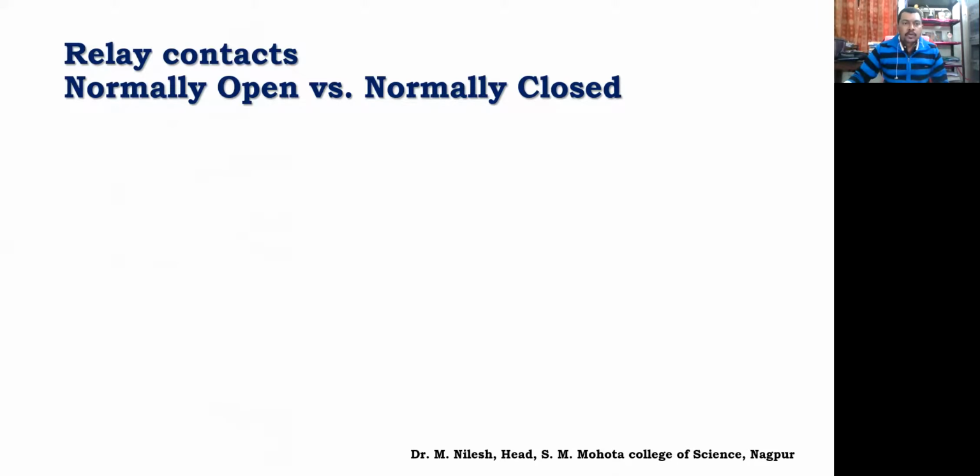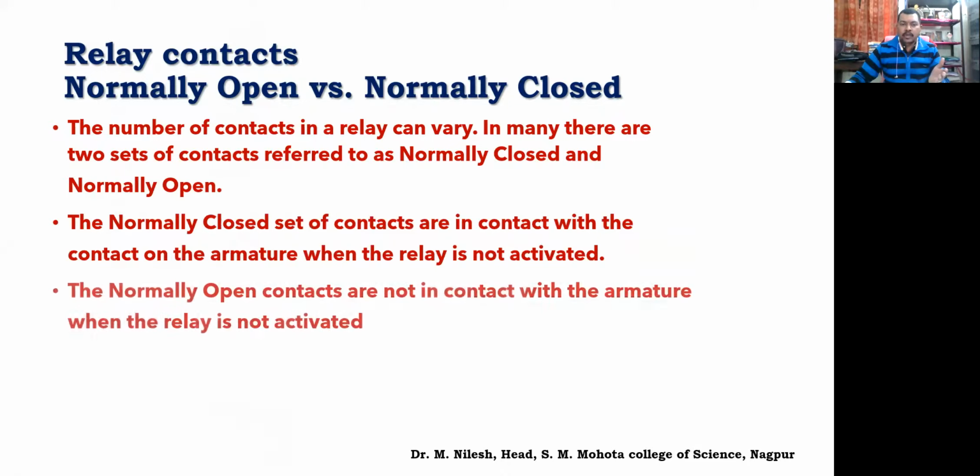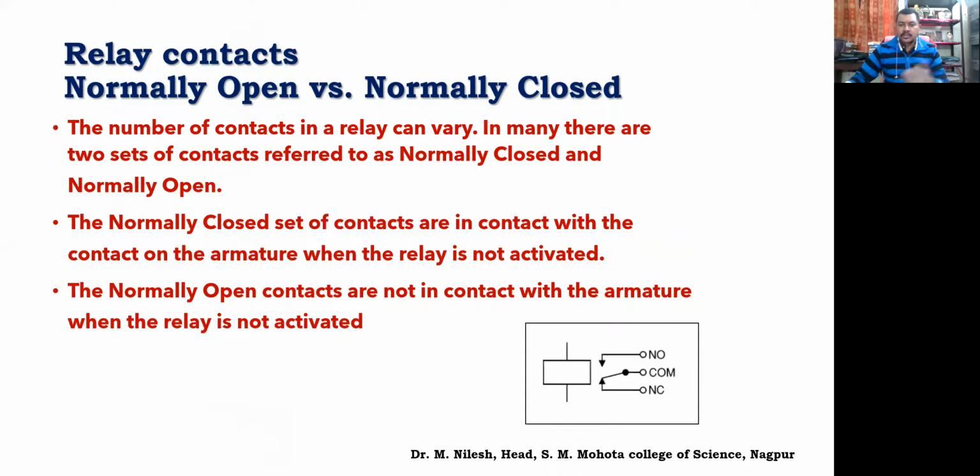Relay contacts: normally open versus normally closed. So this is what we have. I guess you have understood this. This is the common terminal, and this is NO, meaning normally open, and NC means normally closed. So when we don't apply any DC voltage, the switch is normally closed.